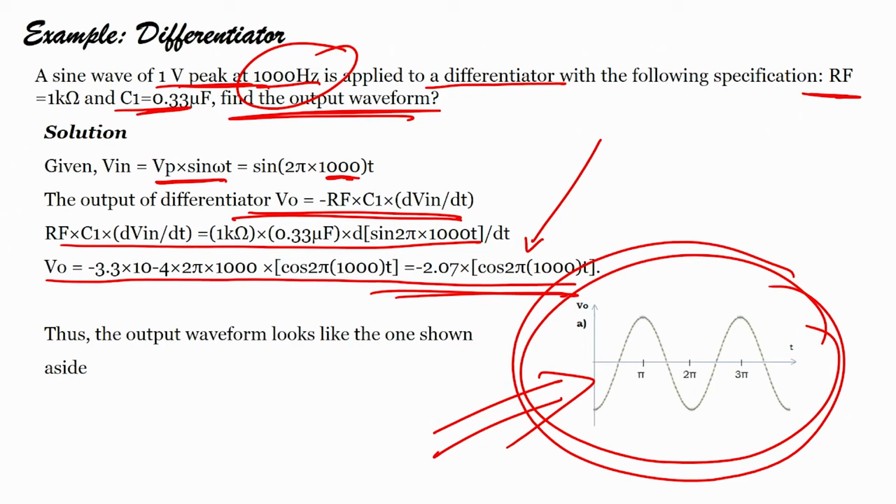In the next lecture we will concentrate on using op amp as a filter circuit. One of the applications of the op amp is as a filter, and we will see how we can design filters.